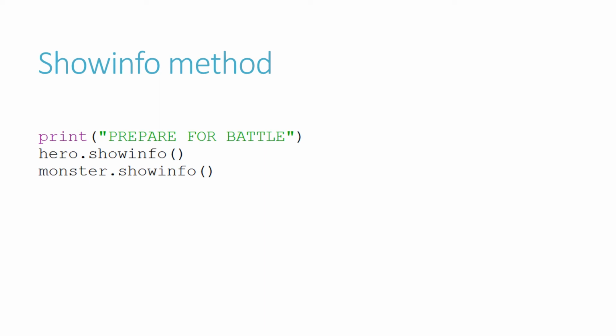So the Showinfo method will display the main facts about any character. I'm expecting this method to be called in the main program with a command something like this: show info about the hero, show info about the monster, and the output when I run the program will be something like this.